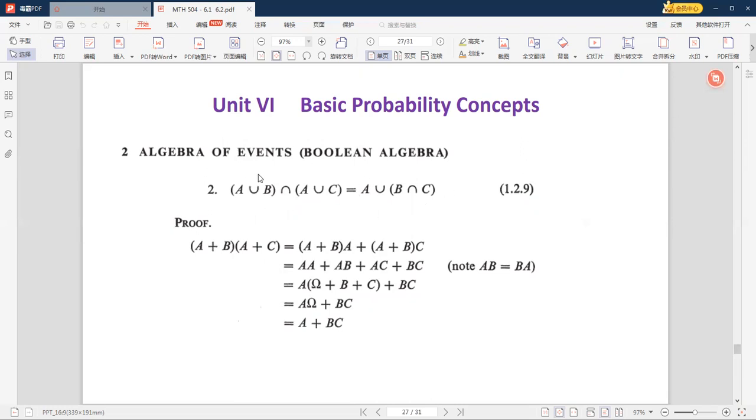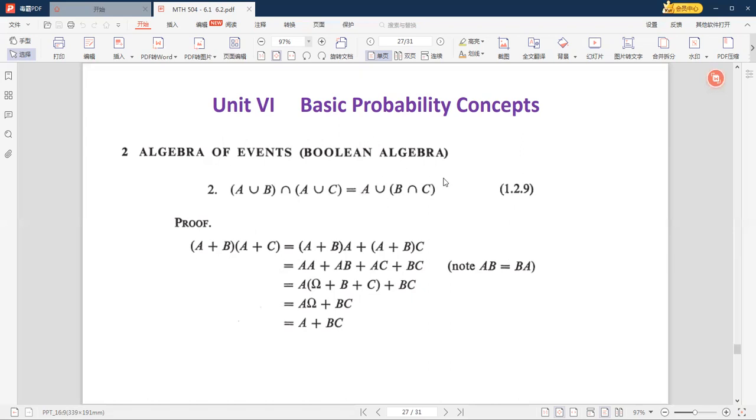So in this problem example, we need to show these two sets are equal: A union B, intersecting with A union C, is equal to A union B intersecting C. We can use the approach we used before. You can pick an element on the left and show that element is also an element of the right side set.